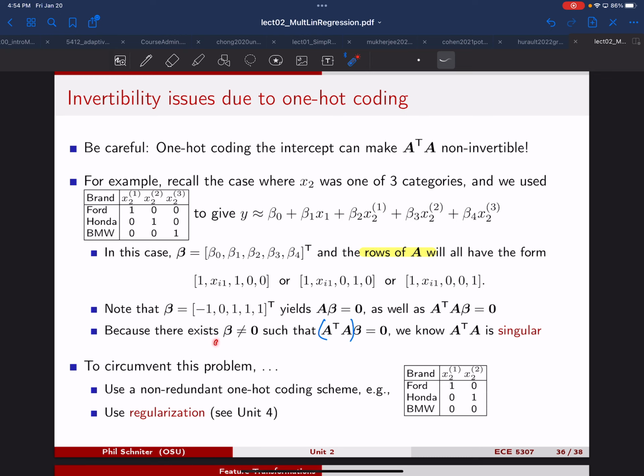It's like, if there exists any non-zero vector beta where you get this, if you can find it, then this must be non-invertible. So it's not that the problem only exists for this particular beta. You could say the problem exists for a whole subspace.